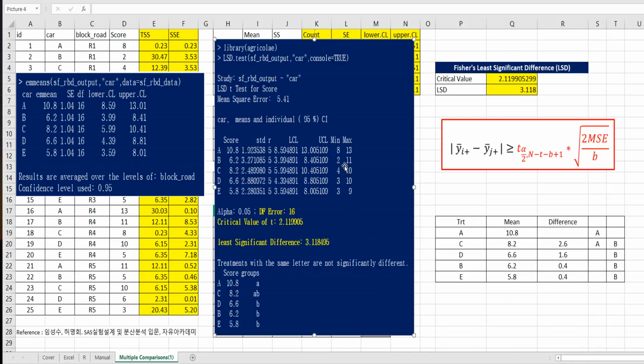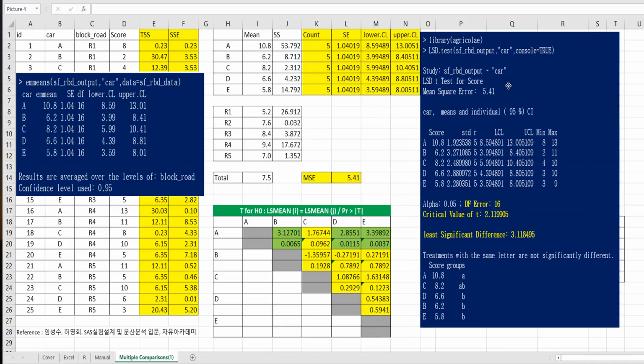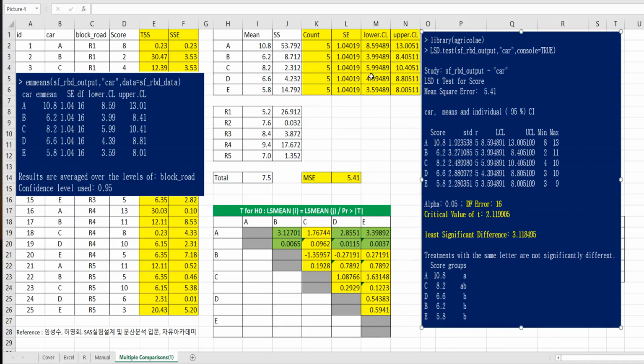In our program, we can get the Fisher's LSD result by using the LSD.test function. Once you activate the agricolae library, and then use LSD.test with the ANOVA output and define the treatment here, we can see this result. This shows the LS means, standard deviation, number of replications, and lower and upper confidence limits, which is the same as this one.